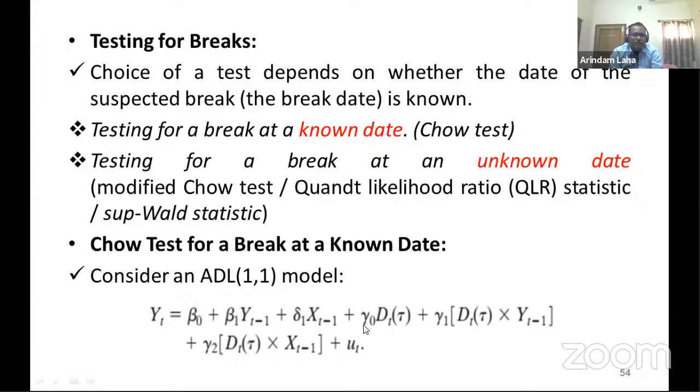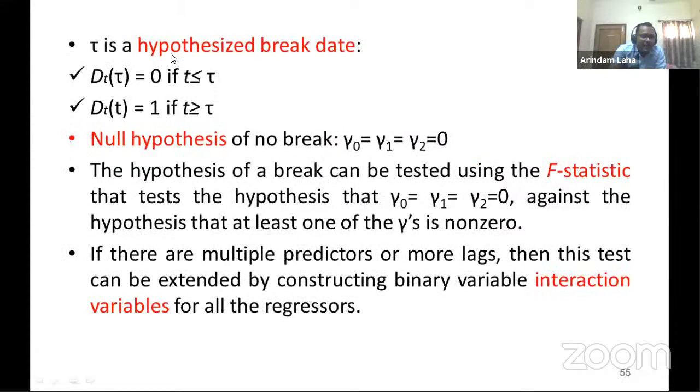That means D is equal to 0. So if D is equal to 0, then gamma 0 is equal to gamma 1 is equal to gamma 2 is equal to 0.